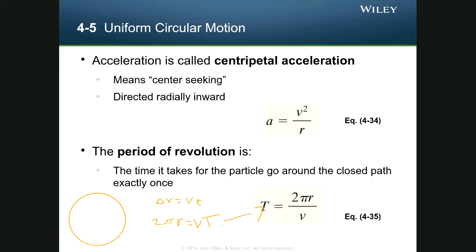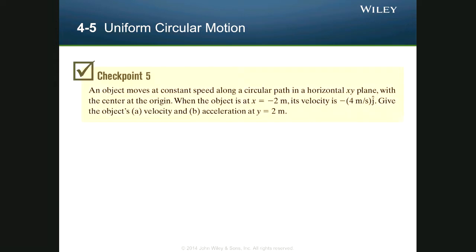Okay. So moving forward, let's look at a checkpoint for circular motion. If an object moves at constant speed along a circular path, in a horizontal XY plane, with the center at the origin, when the object is at x = -2 meters, its velocity is -4j meters per second.